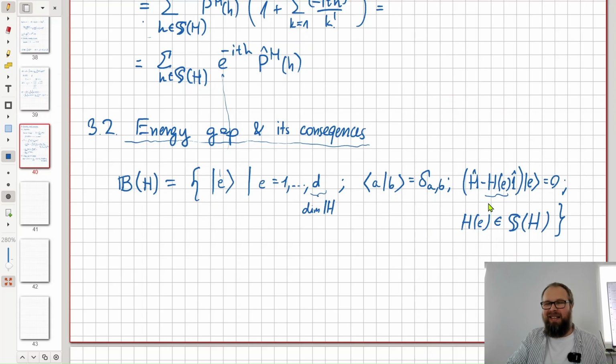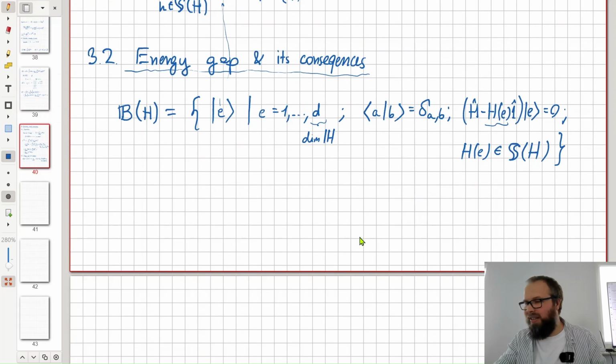Each eigenvector will correspond to one of the eigenvalues. So eigenvalues depending on index. First eigenvalue, fourth, and so on. Sometimes there can be degeneracy there. So some, let's say, capital H1, capital H2 might actually be the same number. Those would correspond to small h.